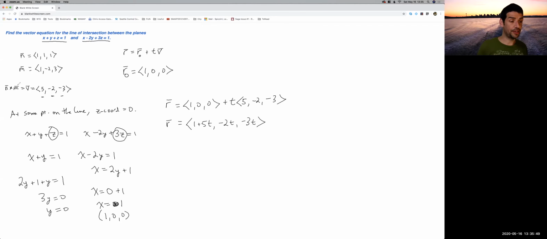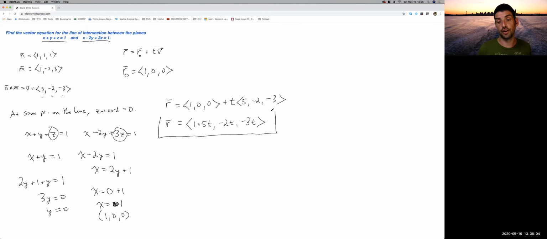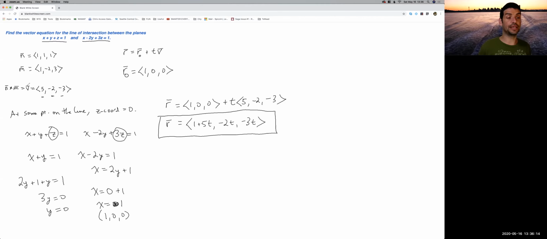The same thing with v. I could have done m cross n. Then I would have gotten this, but negative. I could take a scaled version of this. All of those things would work. I just did what seemed like the path of least resistance and got this equation of the line. What should be true for any solution is that the direction vector should be a scalar multiple of v, right?